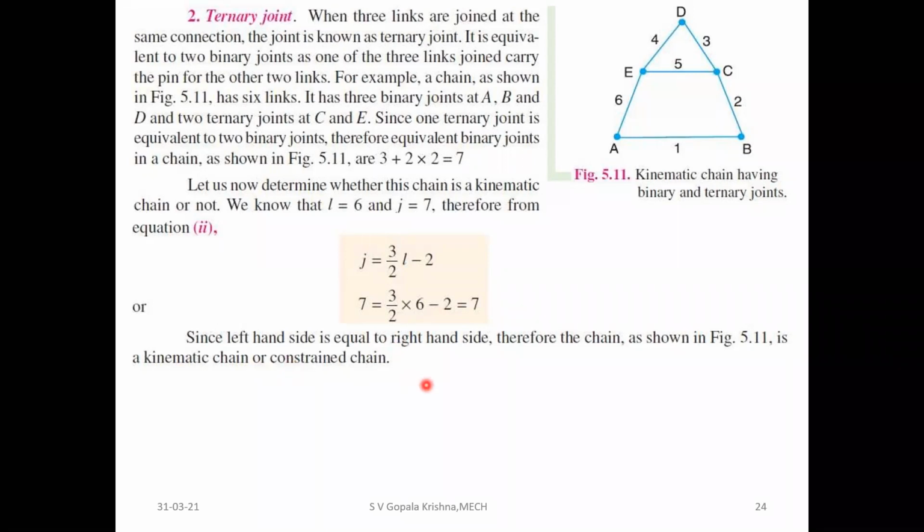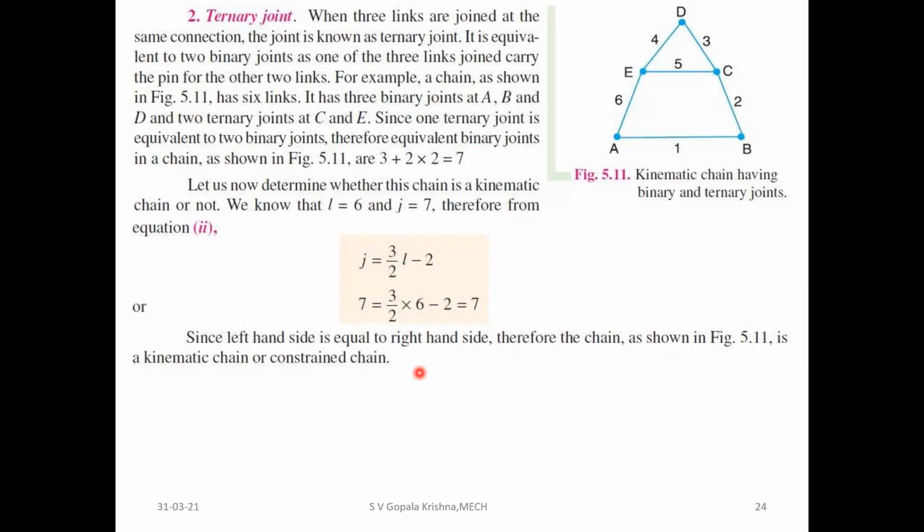Otherwise, it is not a constrained chain. We have already discussed the types of constrained motions. If you want to rewind, those are the 3 types: first, completely constrained; second, incompletely constrained; and third, successfully constrained.